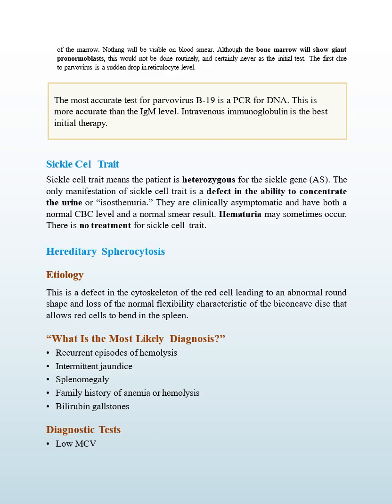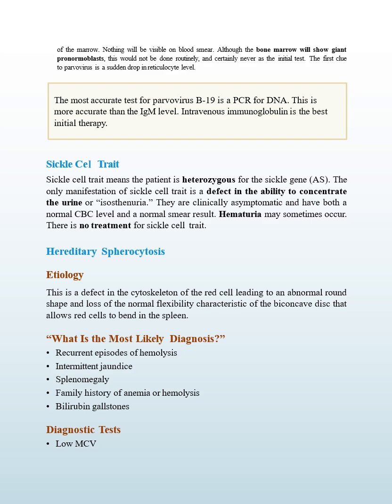Next clinical scenario topic is hereditary spherocytosis. The etiology is a defect of the skeleton of the red cell, leading to an abnormal round shape and loss of normal flexibility, which is normally a biconcave disc that allows the red cells to bend in the spleen.